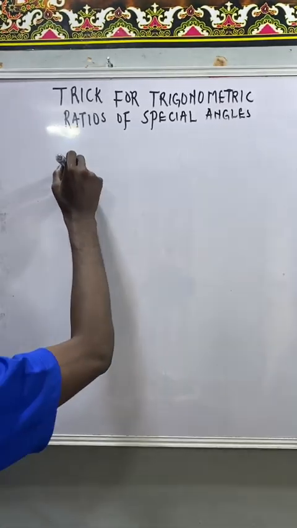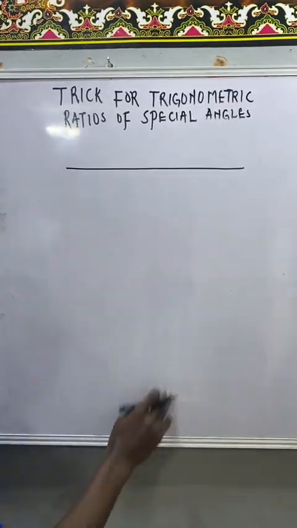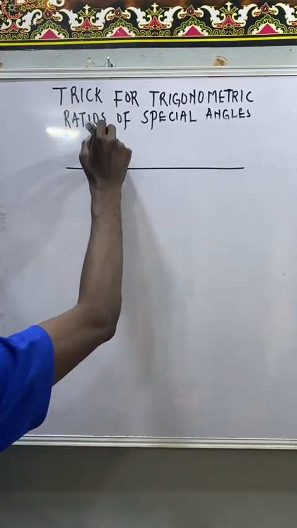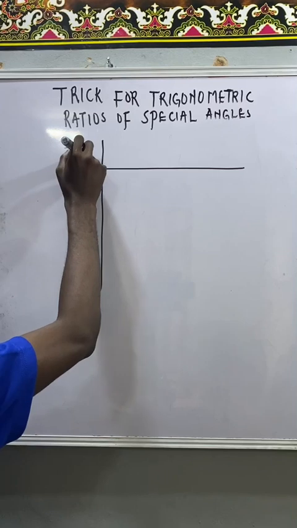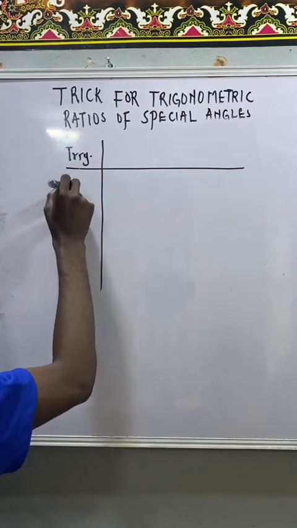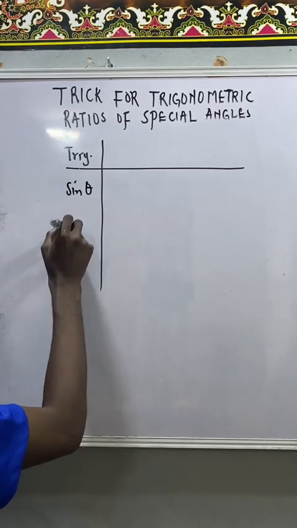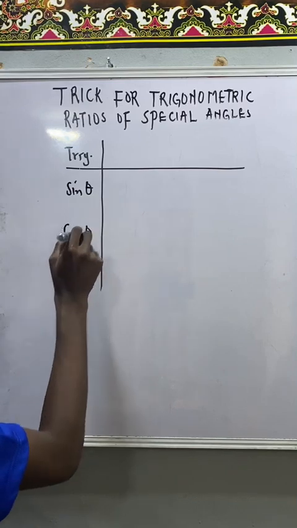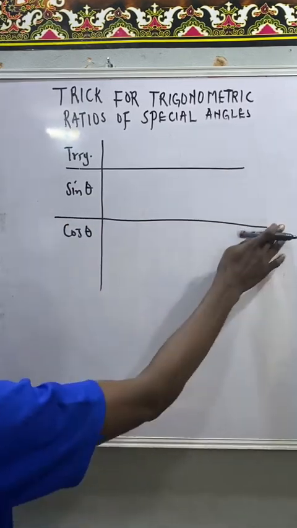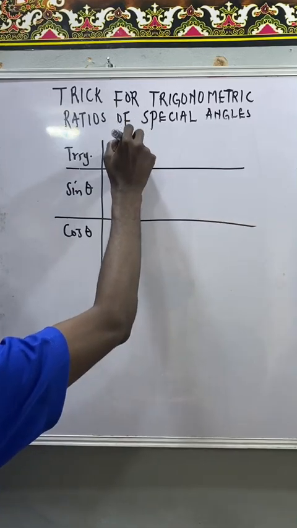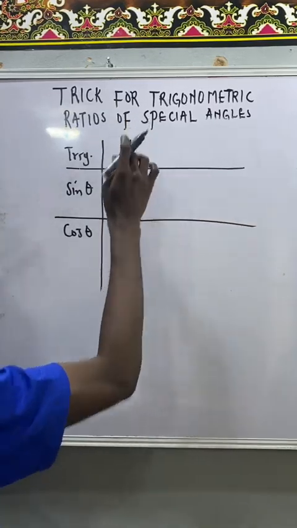For that, you can draw this table: draw a horizontal line, then draw a vertical line to cross it. Let's put the trig ratios here. Sine theta should be here and cos theta should follow. Then you divide this into columns.